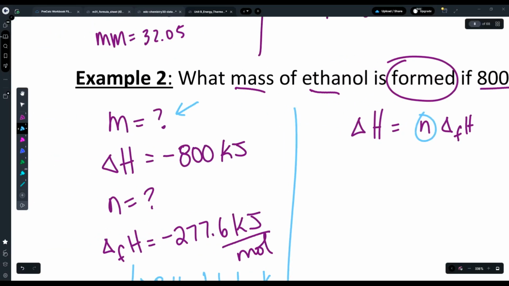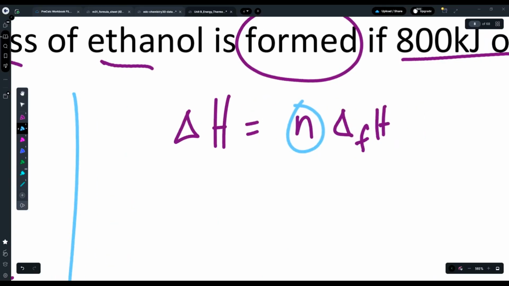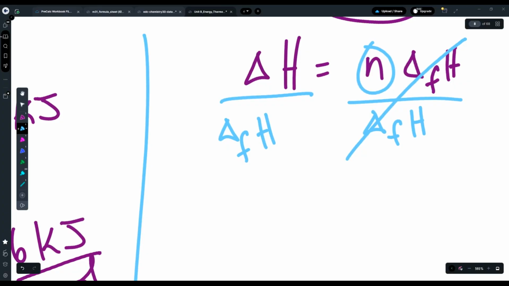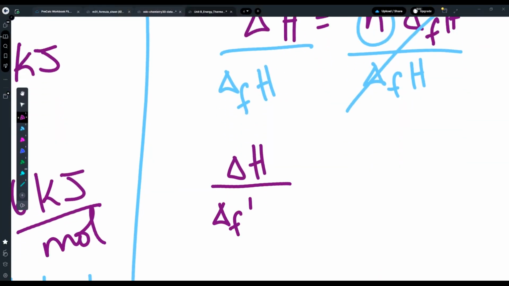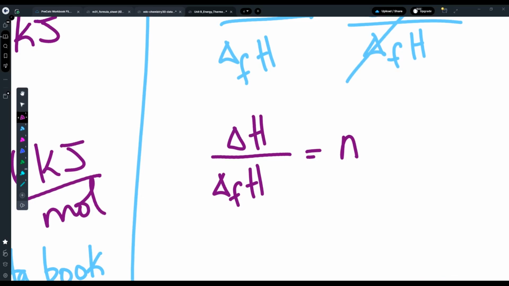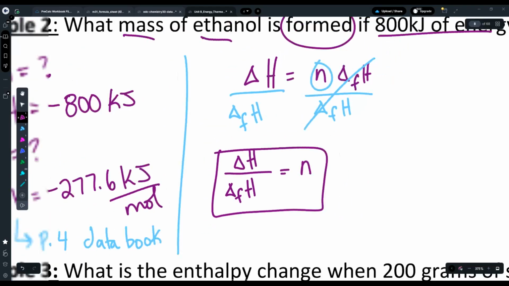In step 2, we're going to figure out what the mass is. Molar enthalpy of formation is multiplying moles, so I need to do the opposite, which is divide. What I do to one side, I have to do to the other. That cancels out. Delta H divided by molar enthalpy is equal to moles. So that's what we're going to start off with.